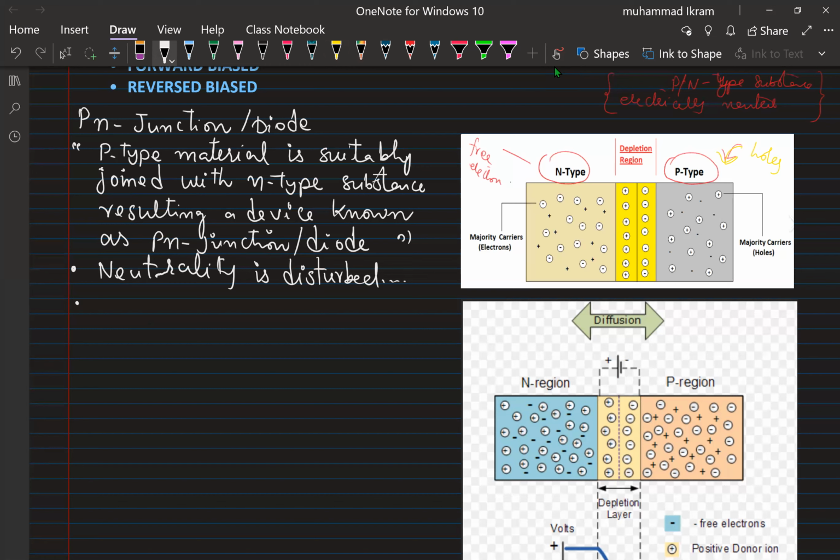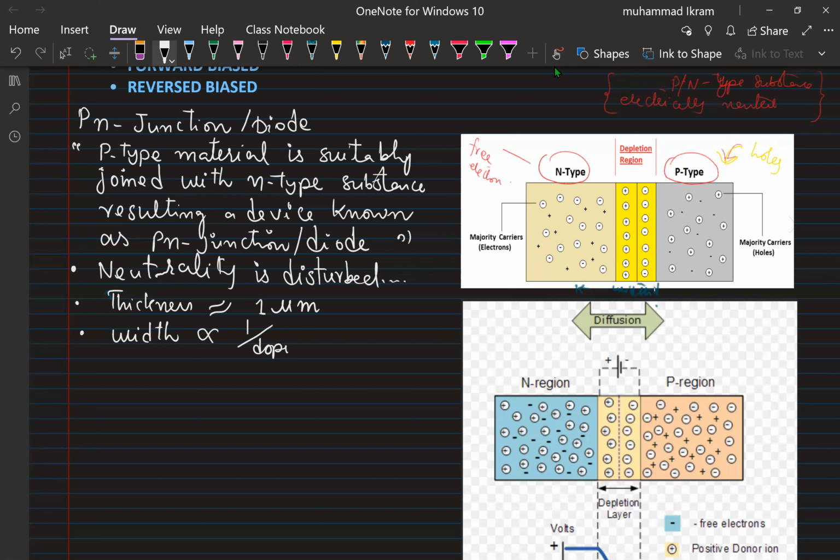This is called the width, the width or thickness of the junction, which is nearly 1 micron. One important point is that the width of the junction is inversely proportional to doping.